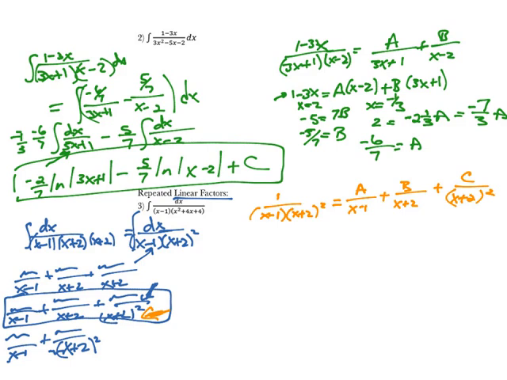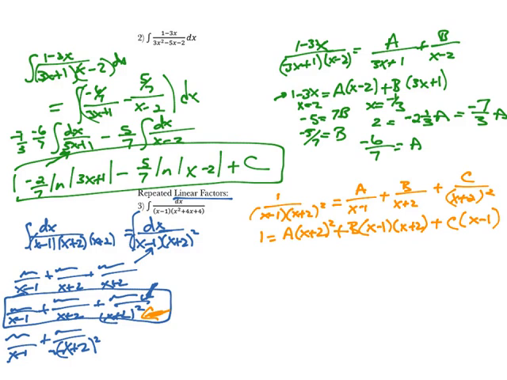So multiplying through by the least common denominator, I get 1 equals A times x plus 2 squared plus B times x minus 1 times x plus 2 plus C times x minus 1.